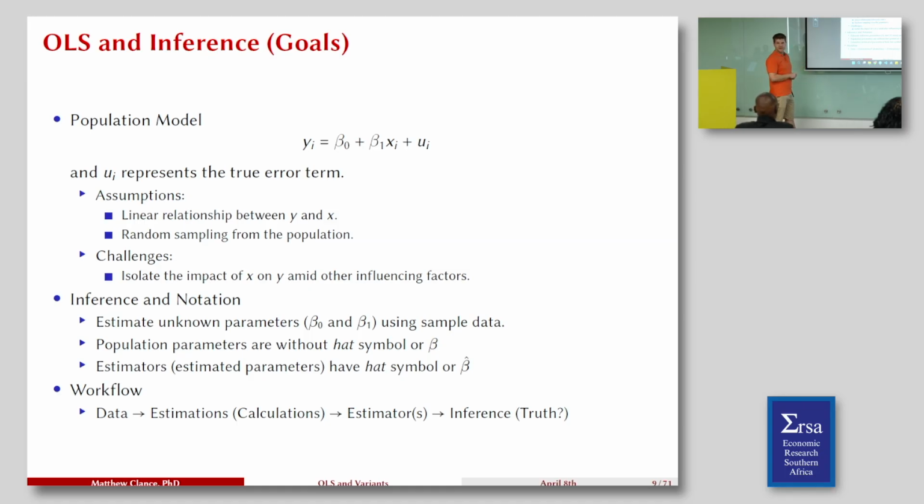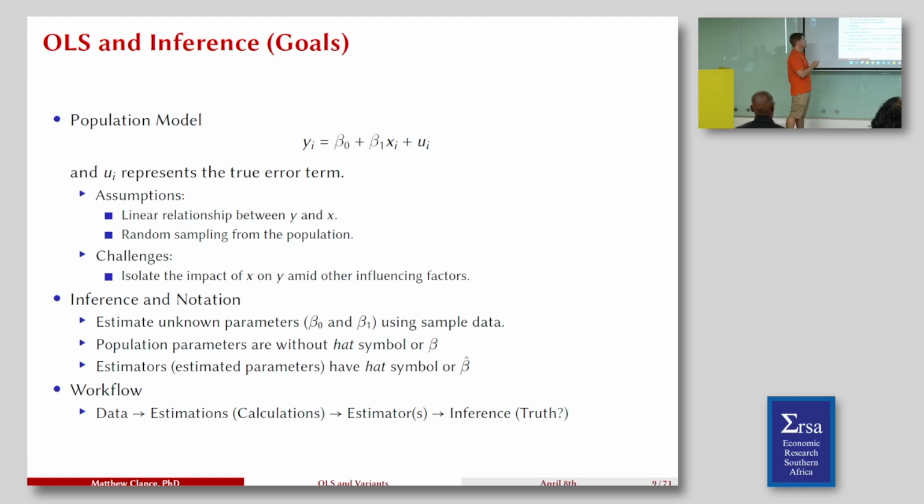What I mean by that is when I talk about the true or population model, I'm going to try to write it out in this format where there are no hats. It's just trying to be notationally correct. When we have the hats, we're talking about the estimated model.